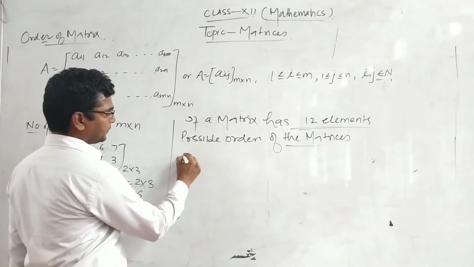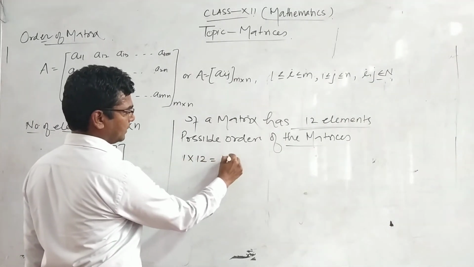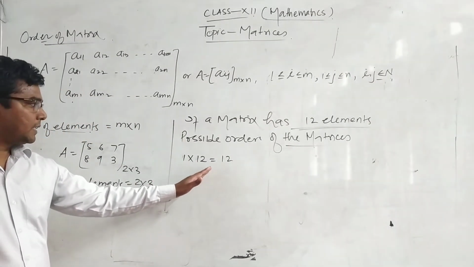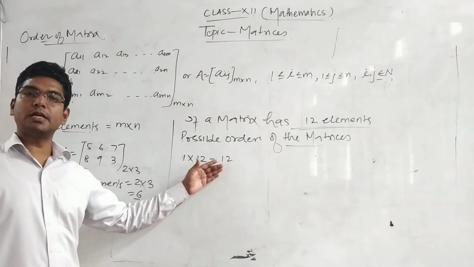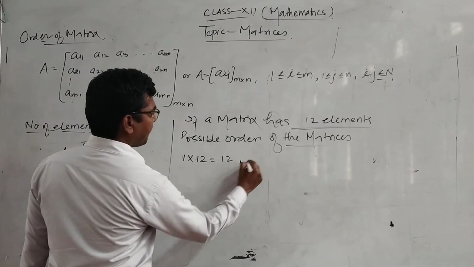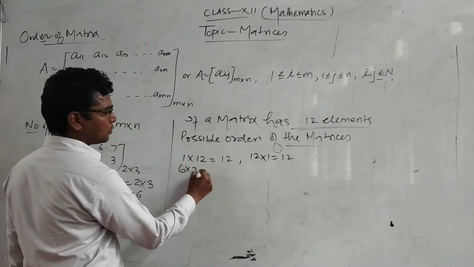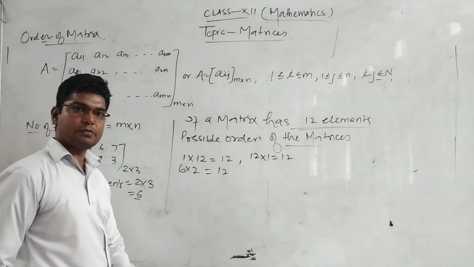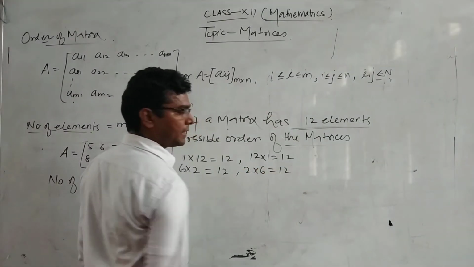you can write just like that, 1 into 12, right? It is also the order of a matrix, because if you multiply the number of rows by the number of columns, the number of elements will remain the same. Similarly, 12 into 1, that is 12. Now 6 into 2, it has 6 rows and 2 columns. Again the number of elements will be 12. Or if you write 2 into 6, the number of elements again will be 12.